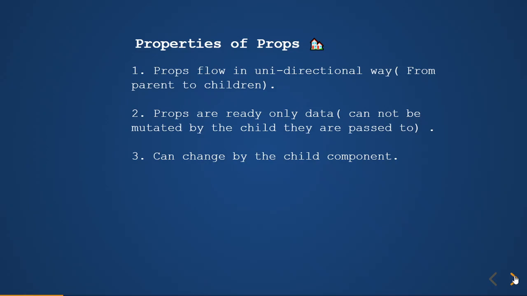The second one is that props are read-only data, and cannot be mutated by the child. Props are immutable. That means they simply do not change within the component where they're passed through.